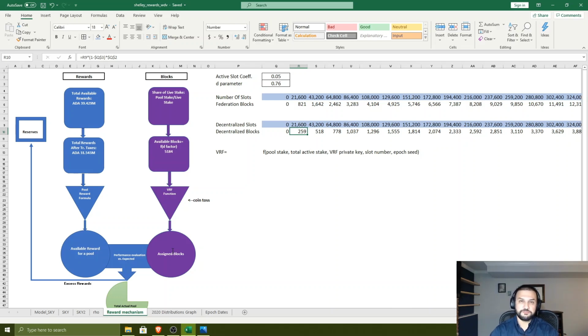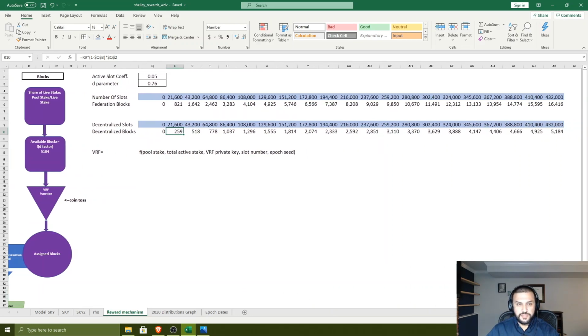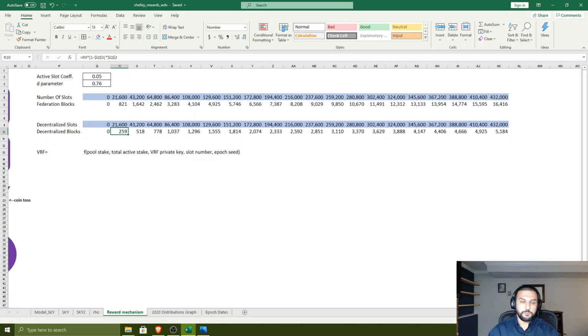But if the VRF assigns less than the expected number of blocks, then it gets less rewards, which introduces variability in block production for each epoch, which in turn introduces some confusion in people's minds as to whether a pool is performing according to its optimal expected characteristics, properties. So in this table over here, I try to emulate block production, and I have 2 schedules here.